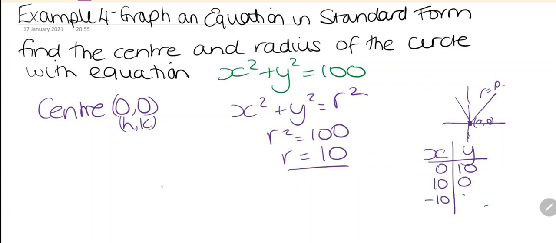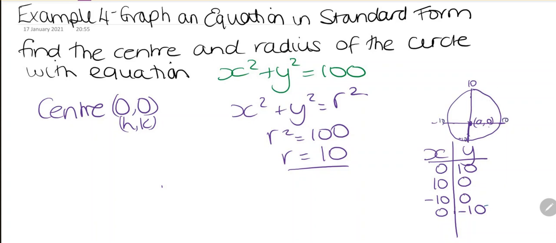So this will give us our 4 points for our circle, so minus 10, 10, and minus 10.